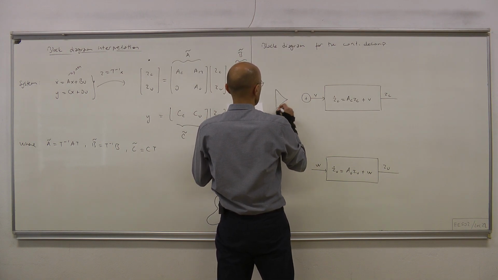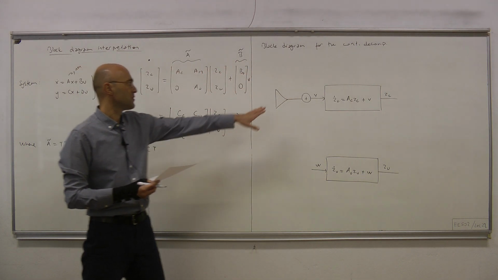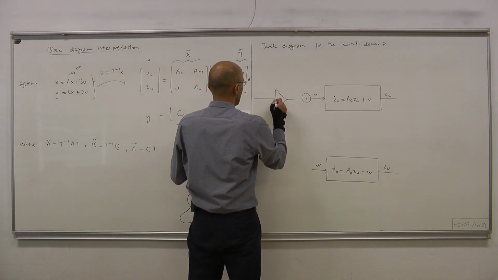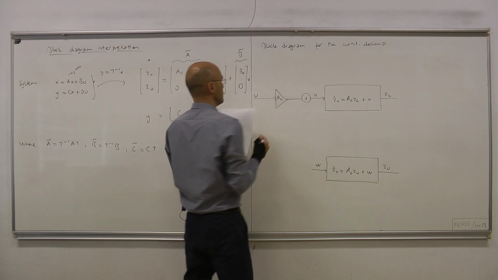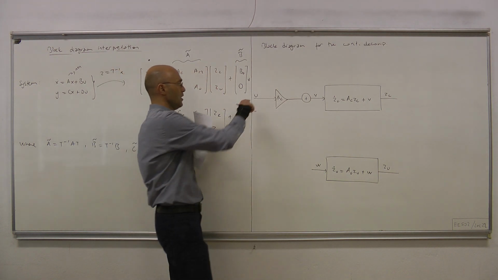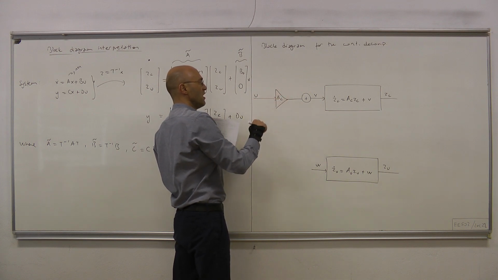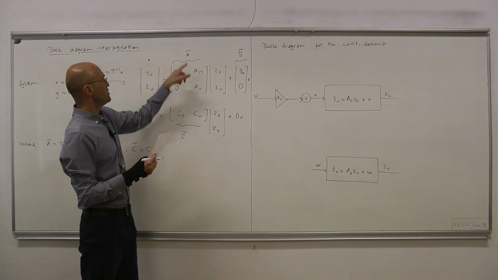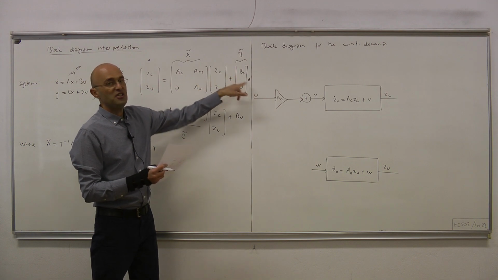Let this be the gain block, gain in the general sense, so these blocks are represented by matrices. BC, and here we have the input U. The output of this block is BC times U.